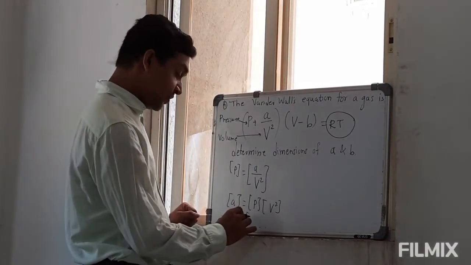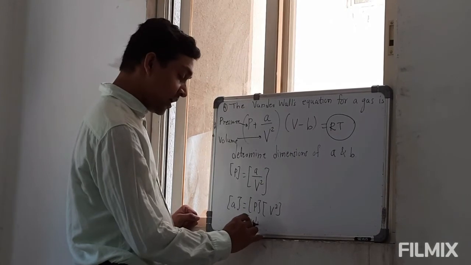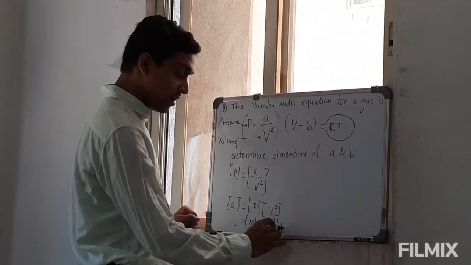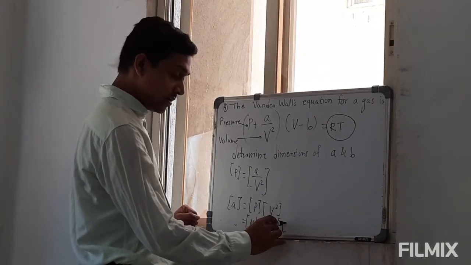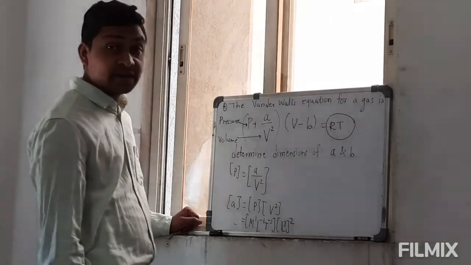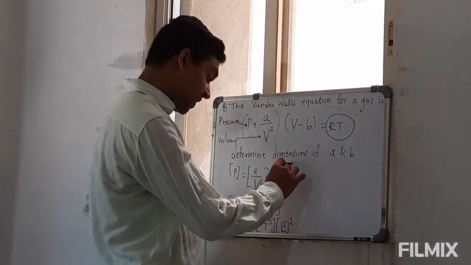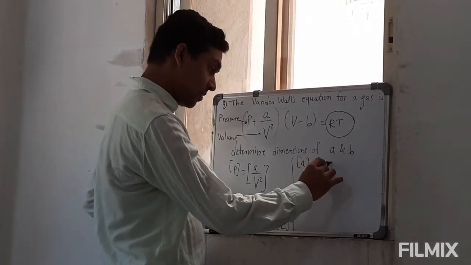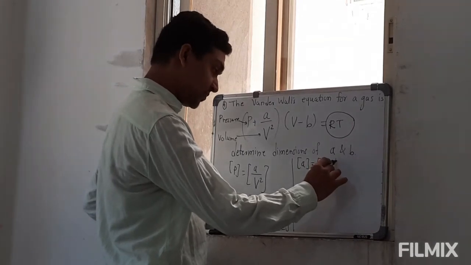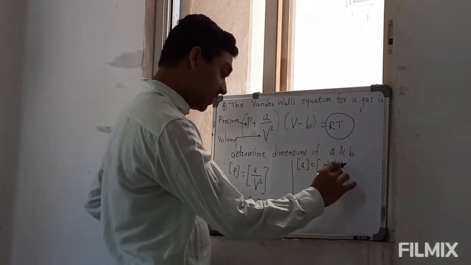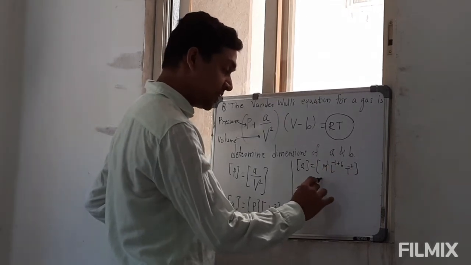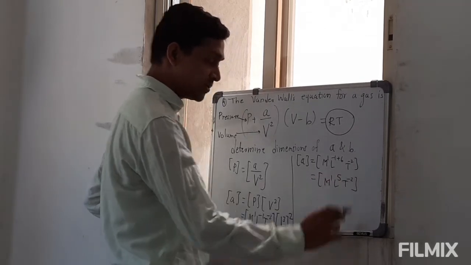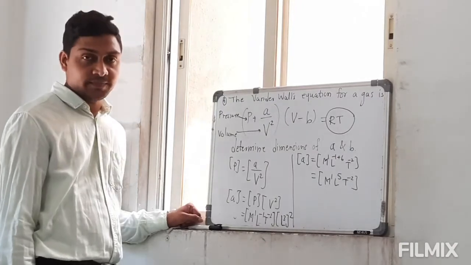So using that formula, it will become M1 L minus 1 T minus 2 into dimensions for volume, which are L3. L3 square will become L raised to 6. So we can have the dimensions for A as M1 L raised to minus 1 plus 6 and T raised to minus 2. So that becomes M1 L raised to 5 T raised to minus 2. So these are the dimensions for A.